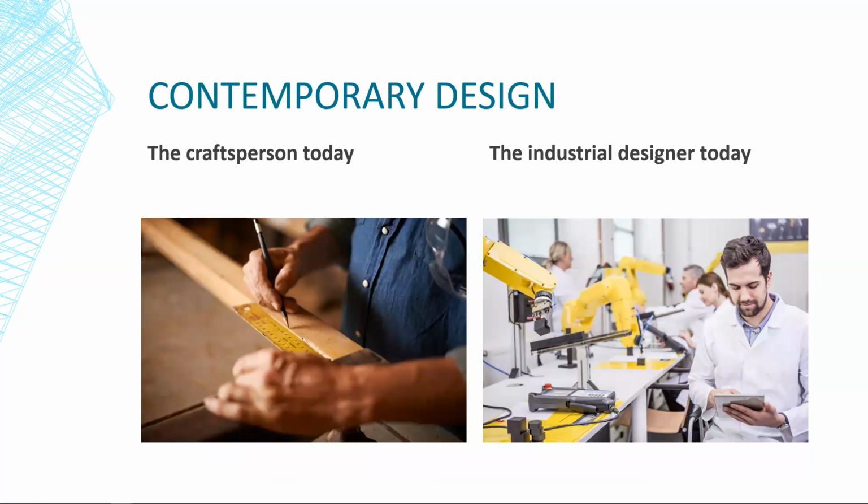So, what happens to the artist or the craftsperson today? In the spirit of the arts and crafts movement, which stressed the satisfaction that individuals can derive from working creatively with their hands, many artistic people chose to work in one of the crafts.